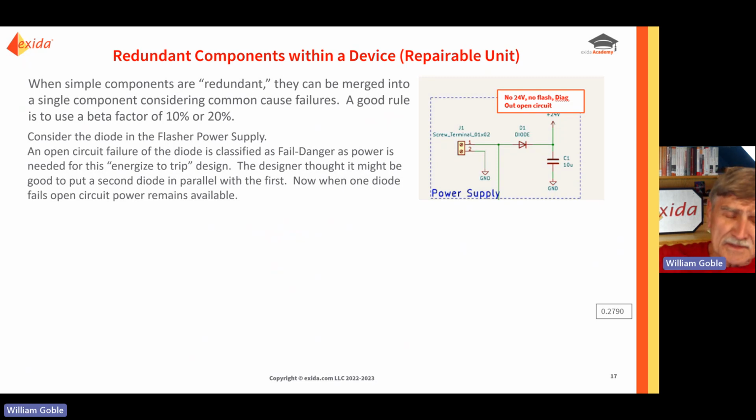A flashing device, an alarm annunciation, flashes a bright light to warn people of danger. That's the safety function. That's energized to trip, because you have to have energy to make the light. Well, the designer was going through the failure modes of the components in an FMEDA and realized that if that diode in the schematic in your upper right side fails open circuit, the output will go to 0 volts.